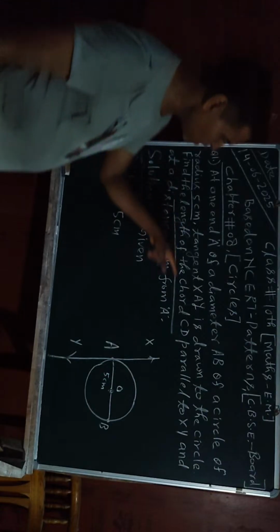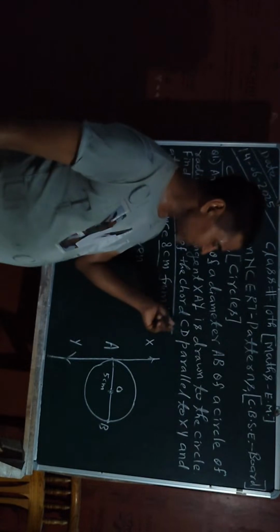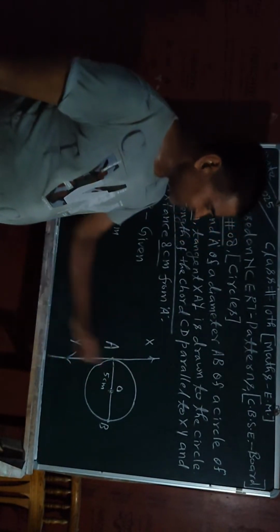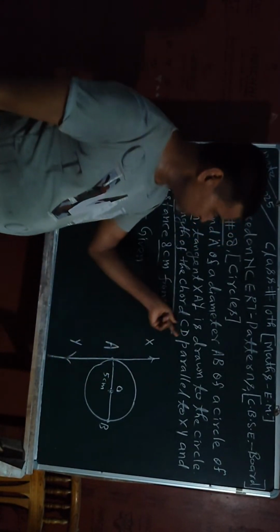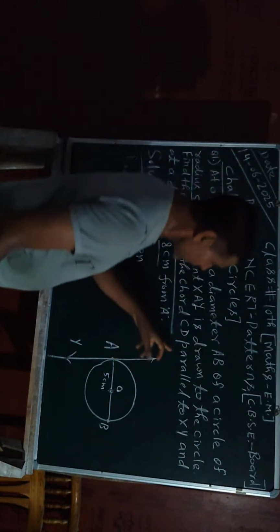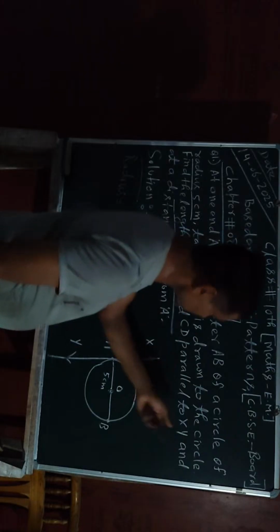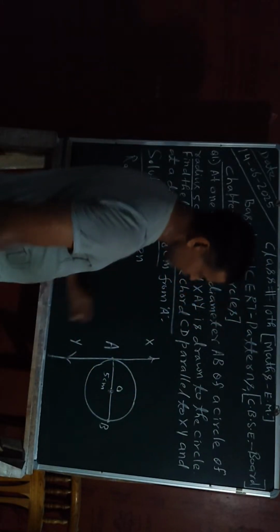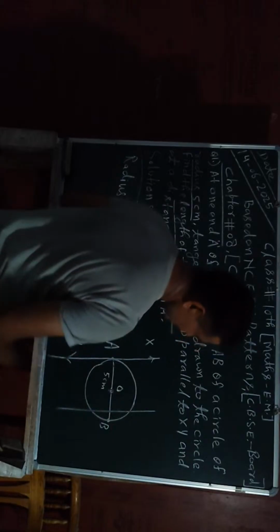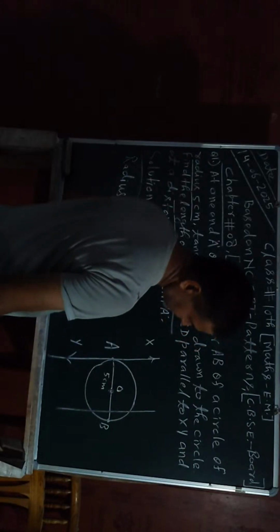Find the length of chord CD. I will draw a chord CD, and that CD will be a chord of the circle, such that, as the information given here says, it is parallel to XY. This is the line XY, and CD is parallel to it. It means it can be like this.